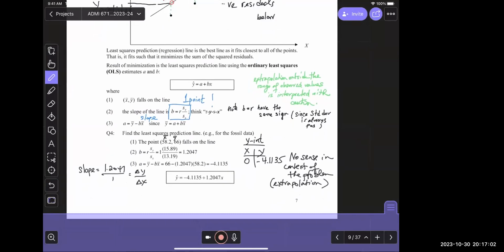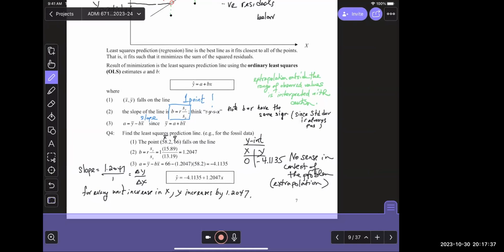So we say for every unit increase or decrease in X, Y, now you finish the sentence. We say Y increases by 1.247.